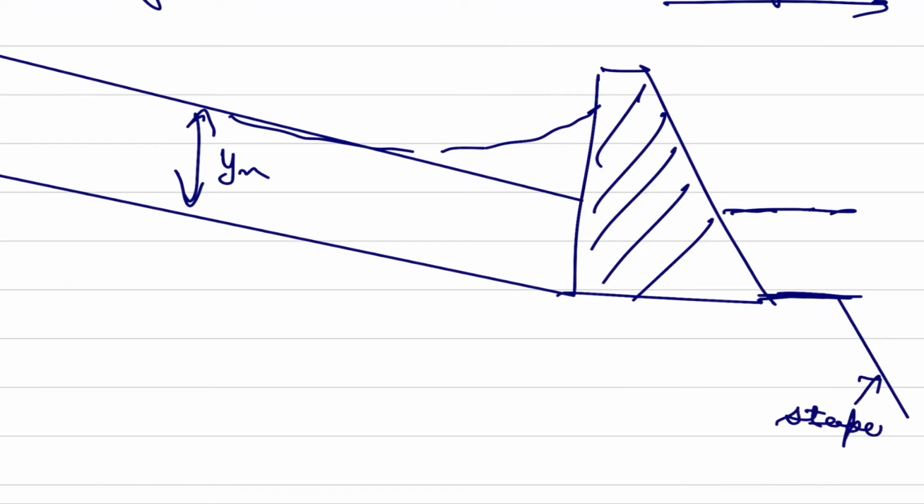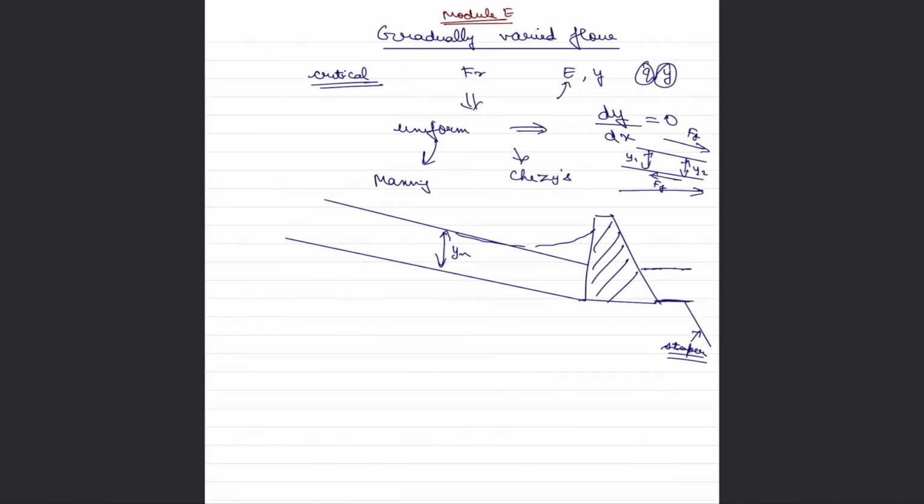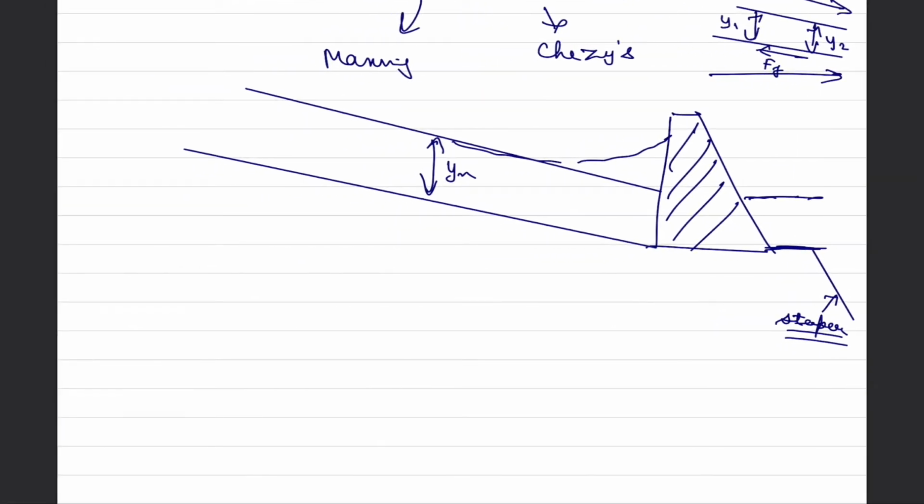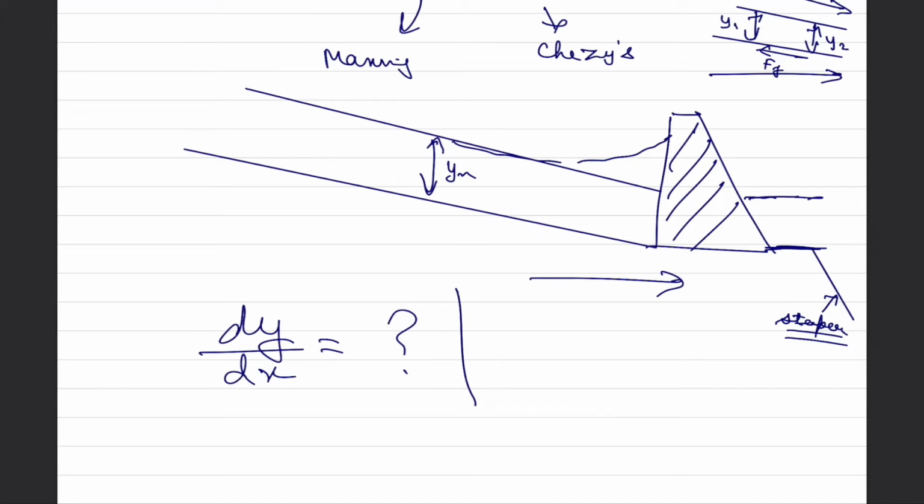This is very ubiquitous to all the channels or cross sections that we encounter in real-world open channel flow settings. So we want to understand the magnitude of this rate of change of depth with respect to the horizontal movement of water. We also want to understand whether water is going to rise or decrease.